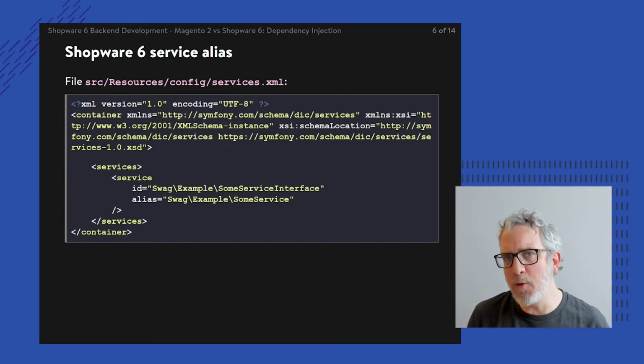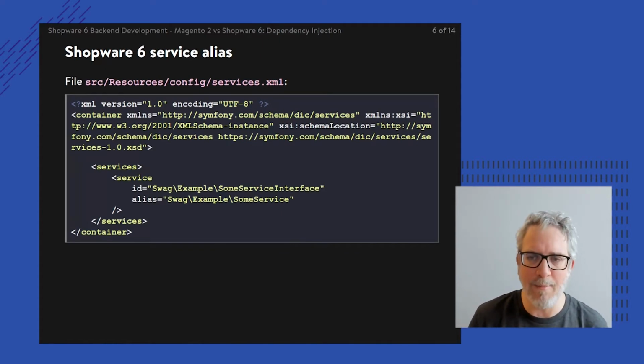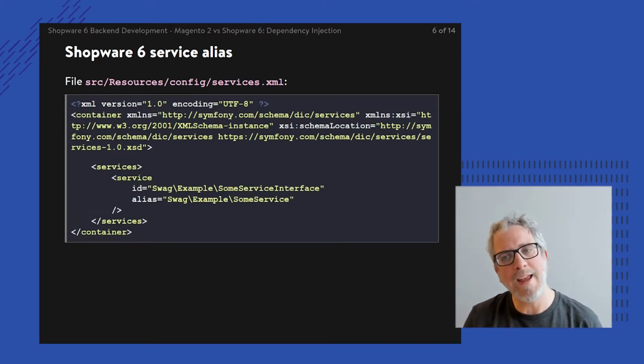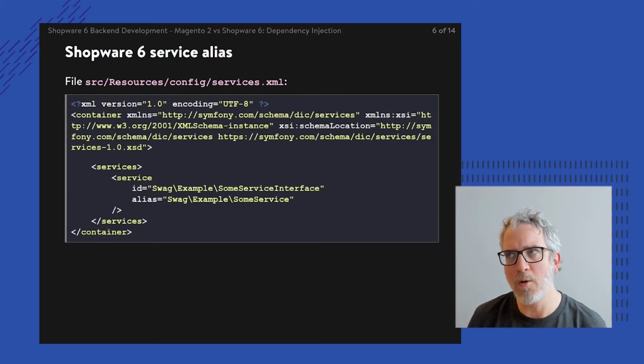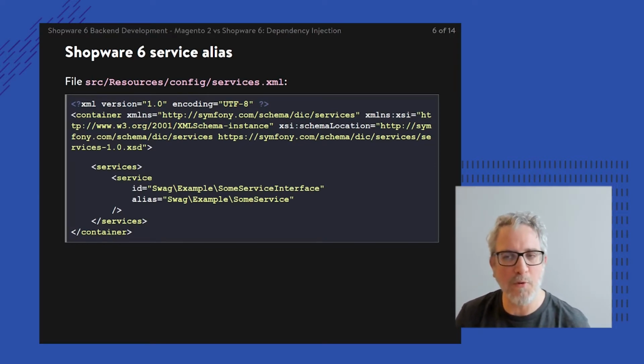Equal to the preference that we just saw, we can declare a service with the name of the interface and use that new service as an alias for some service. Or actually, it's my feeling that it's the other way around: the some service interface is pointing to the actual some service. So it's the alias to that service called some service.